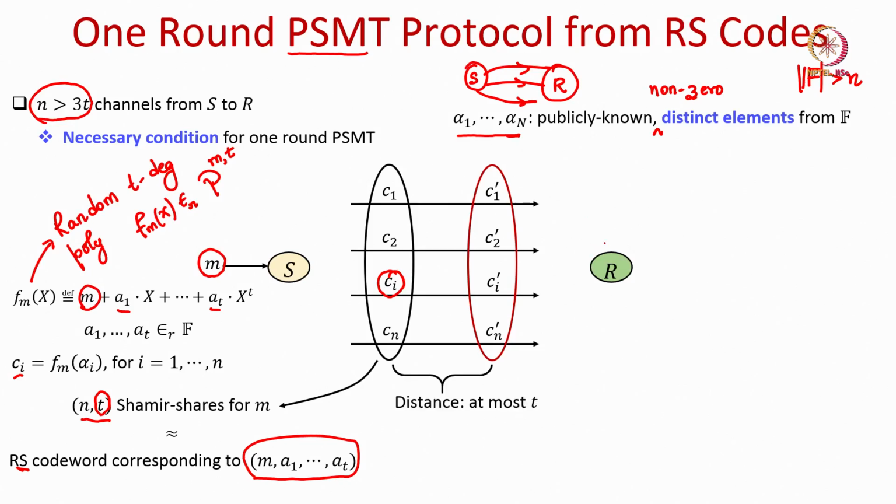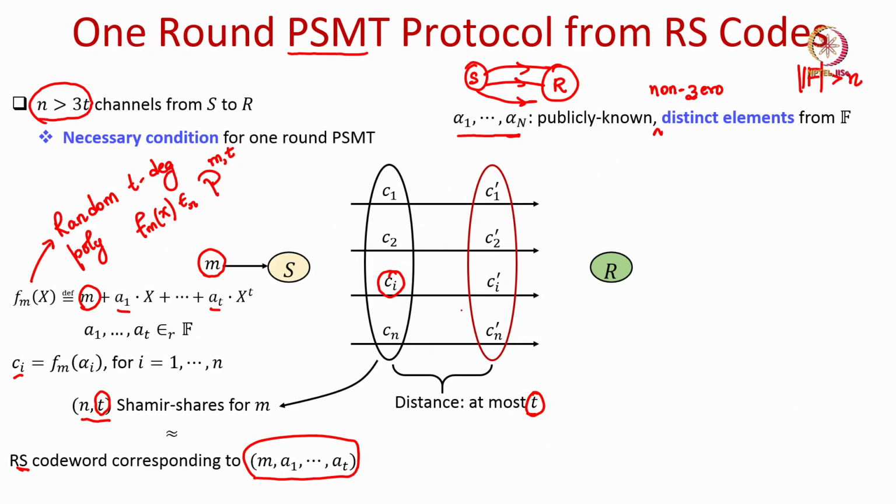The receiver will know that the distance between the received vector and the actual vector which the sender has sent is at most t, because there could be at most t corrupt wires, t channels, which will deliver incorrect shares, incorrect components of the Reed-Solomon code word. But the receiver will not know the identity of those t corrupt channels, t corrupt wires.